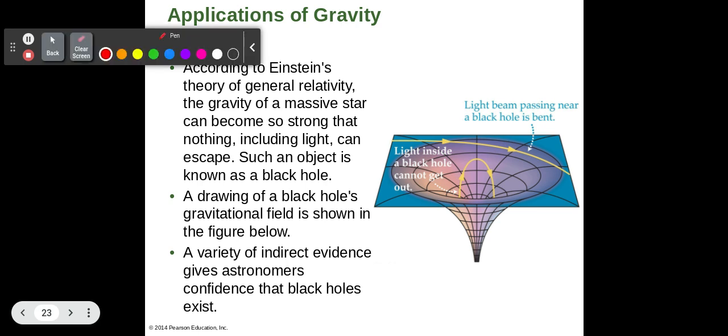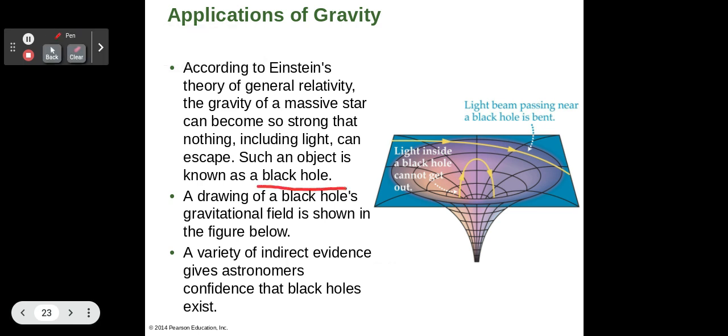You don't hear a lot about them all the time, but that's what a black hole is. It's a star that has become so big with so much gravitational attractive force that nothing is able to escape out of the gravitational pull of that object. It's called a black hole because not even light can get out. And that's just shown in the figure there on the side.